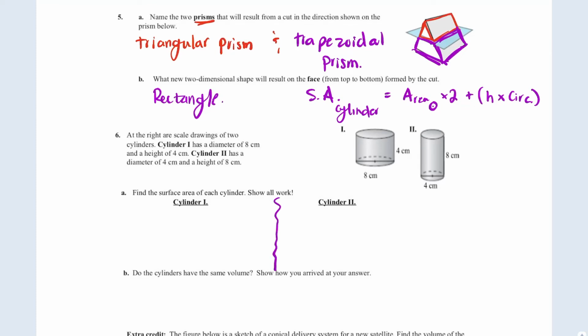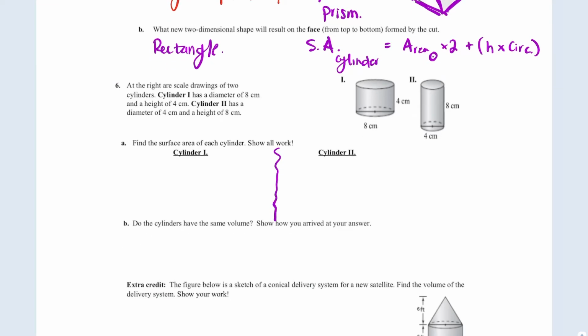So got a little bit of work to do. The area of the circle, let's start with cylinder 1. The diameter is 8, which means that the radius is 4 and the height is also 4. So let's find the area. Pi times r squared.